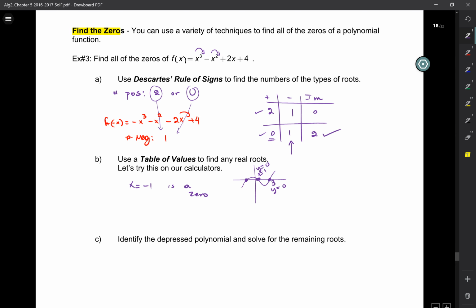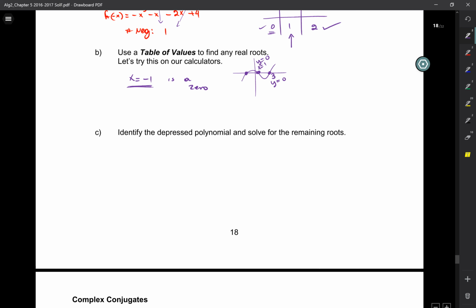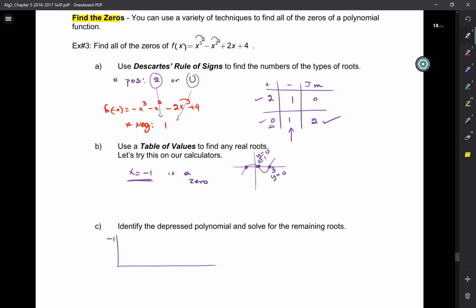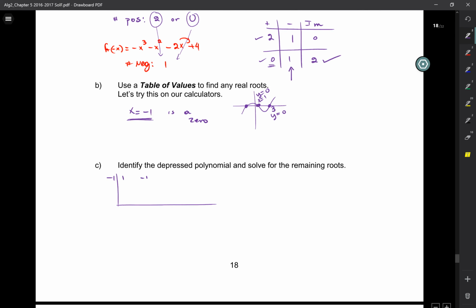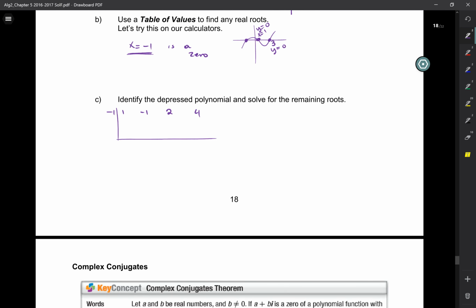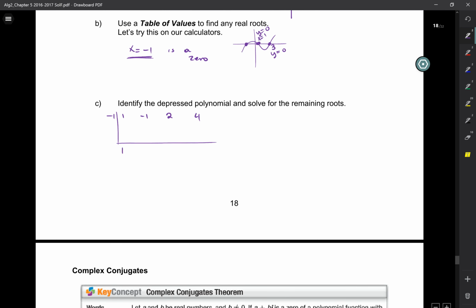Once we have our first zero, we can do synthetic division just like we did before with our original function. 1, -1, 2, and 4. Okay? 1 comes down, -1, -2, 2, 4, -4, 0.